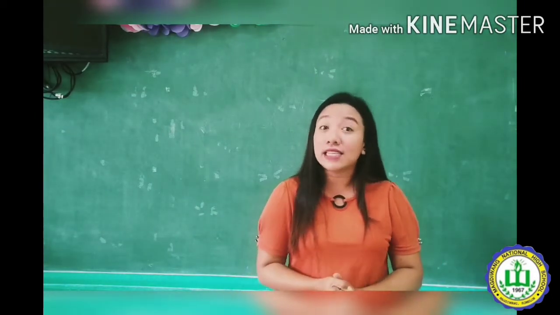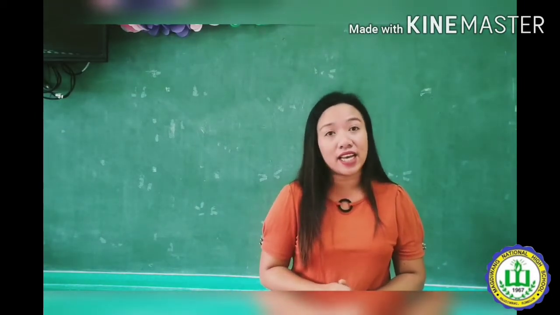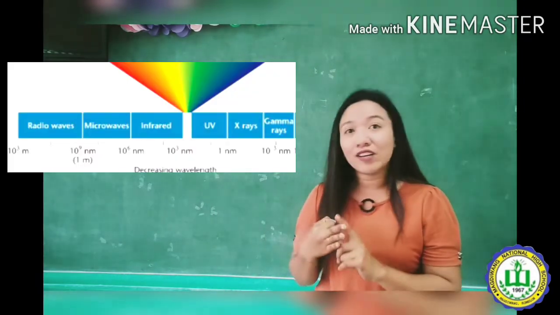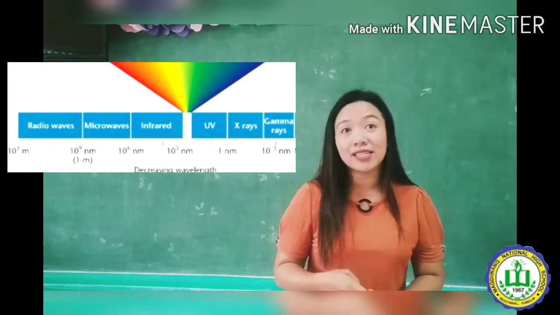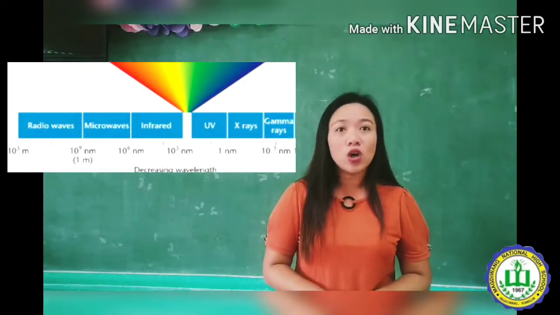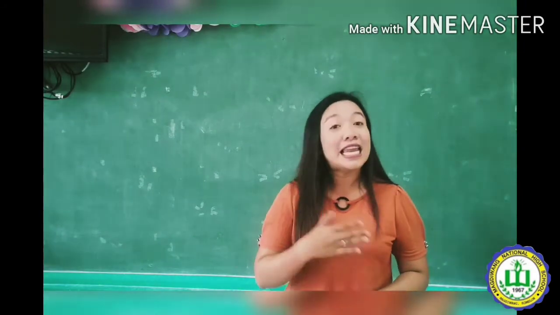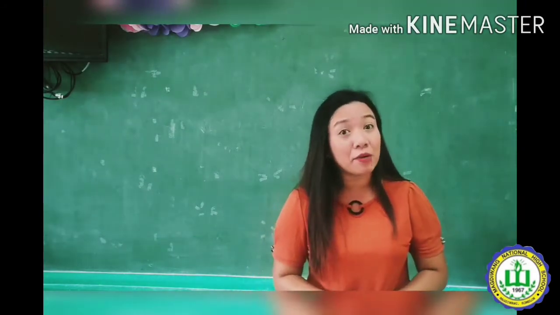Other types of light, aside from visible light, are the radio waves, the microwaves, the infrared radiation, the ultraviolet rays, the X-rays, and the gamma rays, all of which are imperceptible to human eyes. Lahat ng yon ay hindi natin kayang makita.